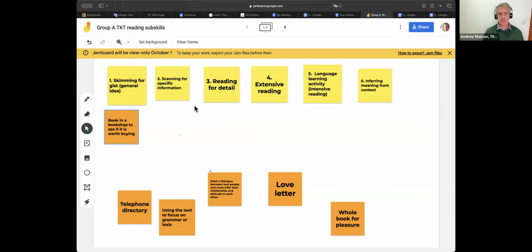Okay, so I'm going to leave you in the same groups as before. But we're using a Jamboard now instead of a Google Doc. So if you are Anna, Eduardo, Leslie, Lourdes, and Joaquin, please click on this link.